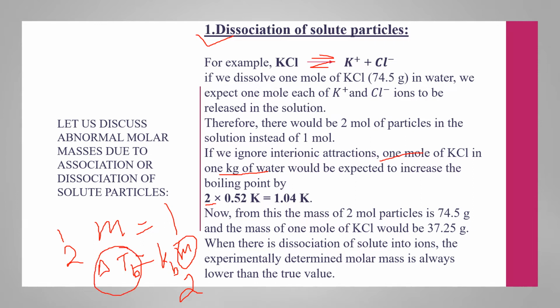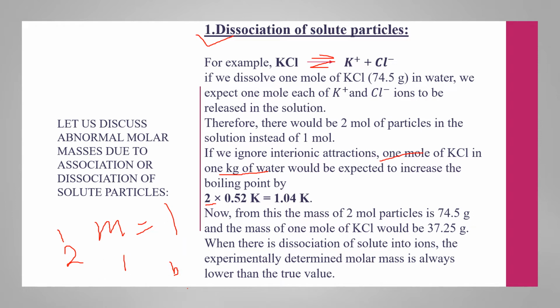As the number of moles increases on dissociation, the value of delta TB also increases. The number of particles doubles on dissociation of KCl, so the value of delta TB will also double. It will be multiplied by 2 into 0.52 Kelvin, and we get 1.04 Kelvin elevation in boiling point for KCl.